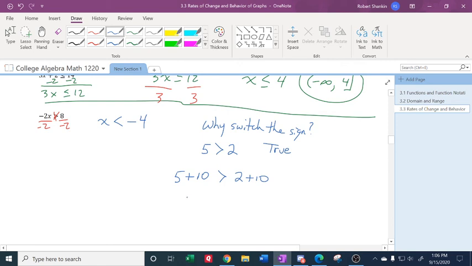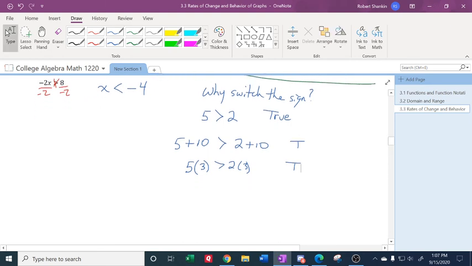Let's suppose I multiply both sides by 3. That's still true. 15 is greater than 6. But there is something I can do to both sides where it will no longer be true.